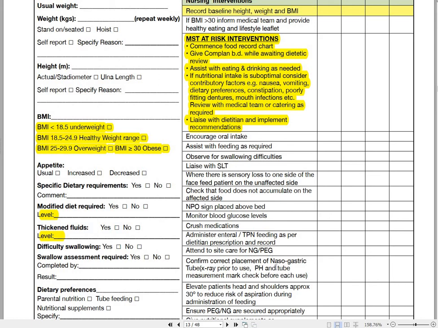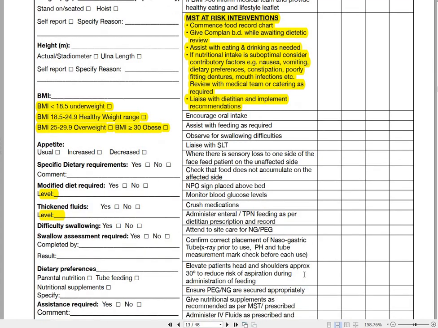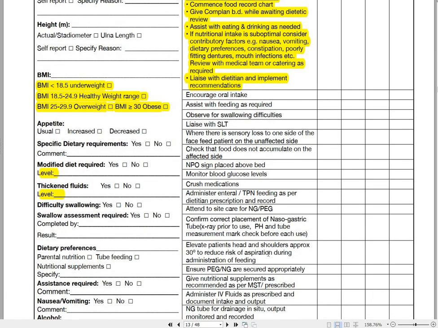Confirm correct placement of nasogastric tube, so X-ray prior to use, pH and tube measurement, mark, check before each use. Elevate patient's head and shoulders approximately 30 degrees to reduce risk of aspiration during administration of feeding. Ensure PEG or NG are secured appropriately. Give nutritional supplements as recommended as per MST or prescribed.